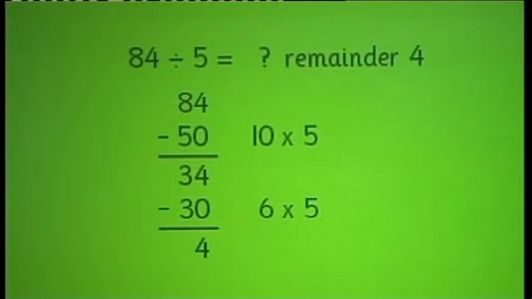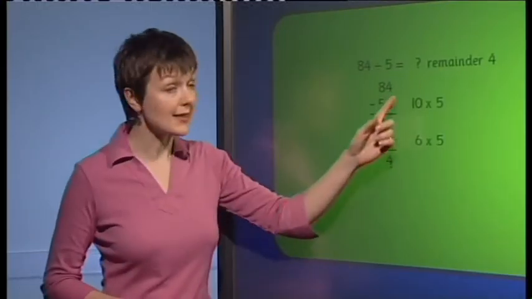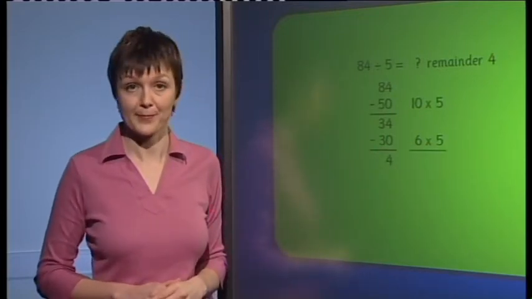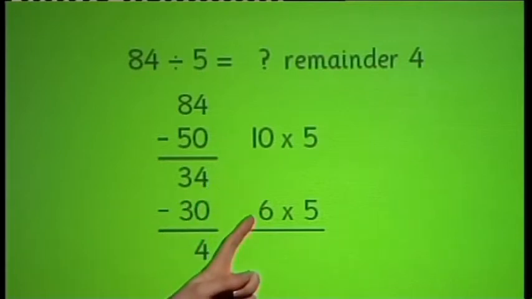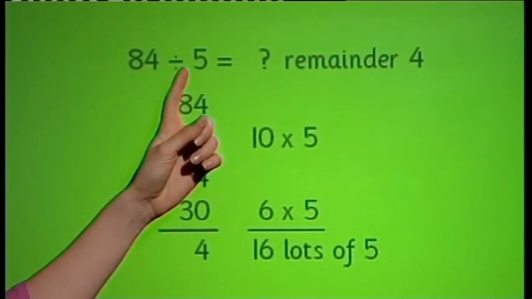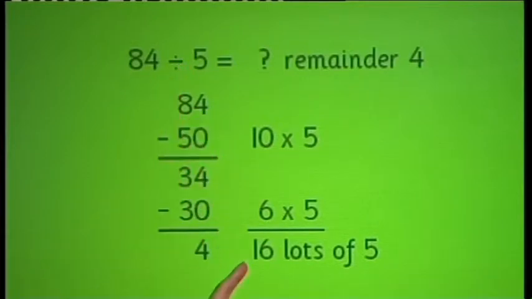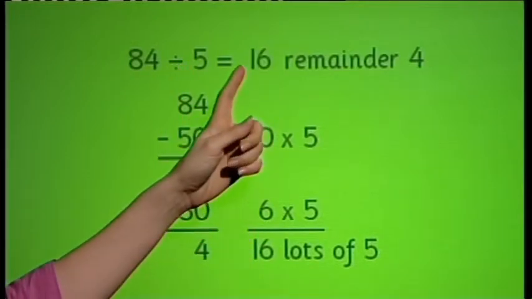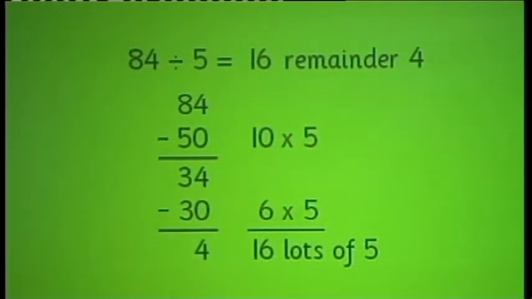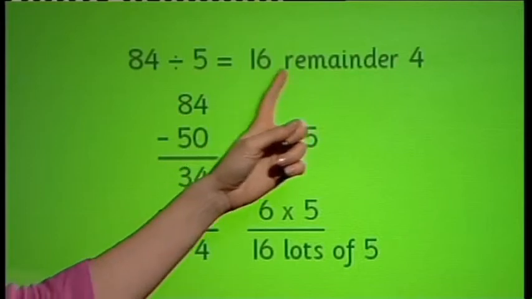Now, however you did the division, whatever multiples you took off at each step, you have to add these up to find out how many you took off altogether. 10 add 6 is 16, 16 lots of 5. So, when we divided 84 by 5, we took off 16 lots of 5 and had a remainder of 4 left over. So the answer is 16 remainder 4.